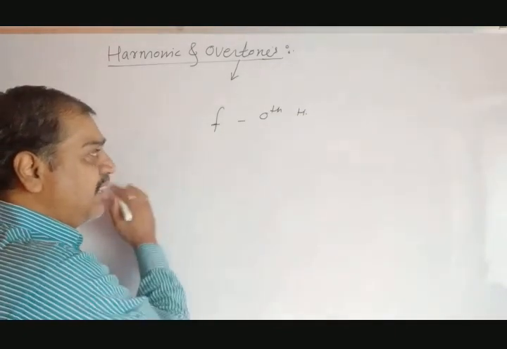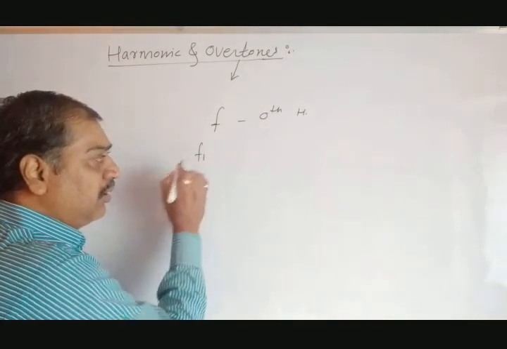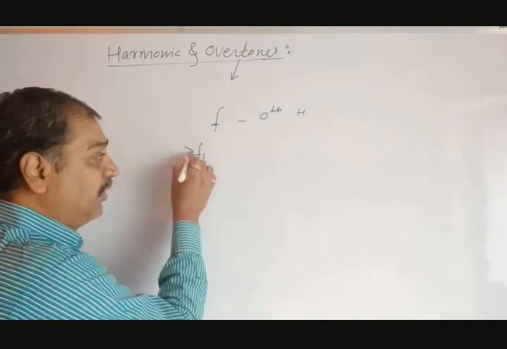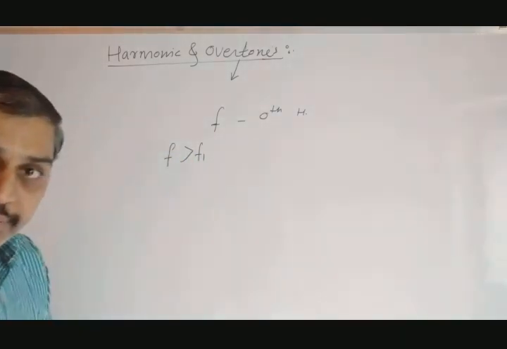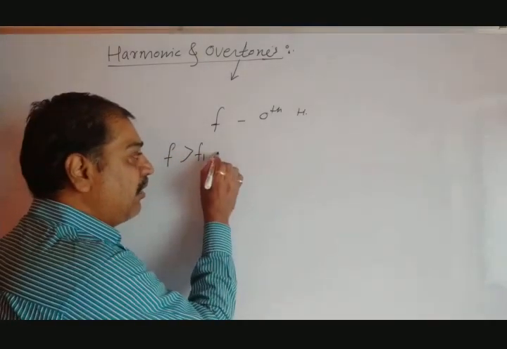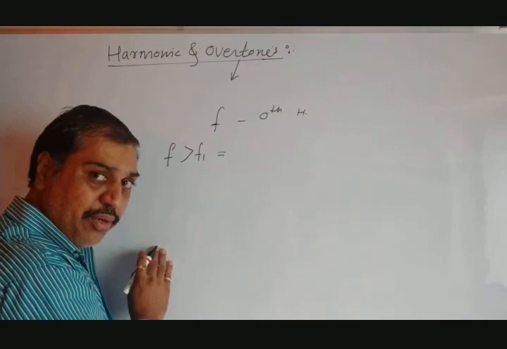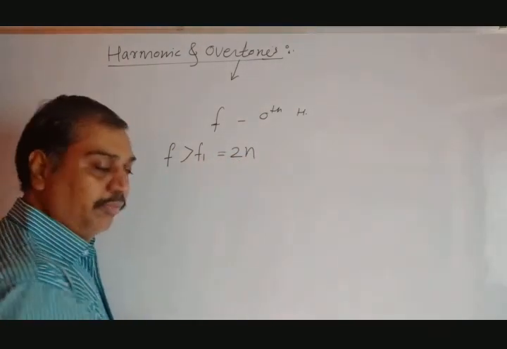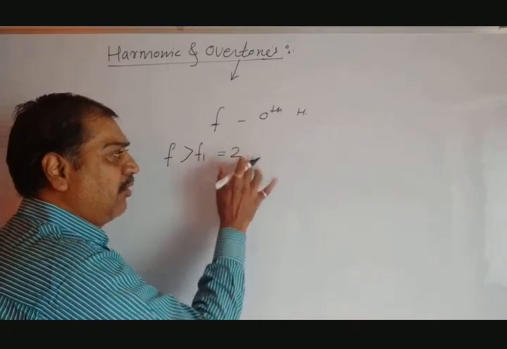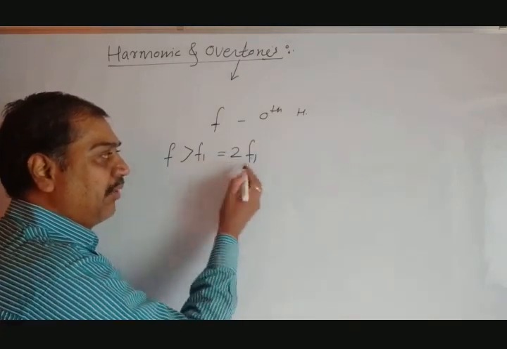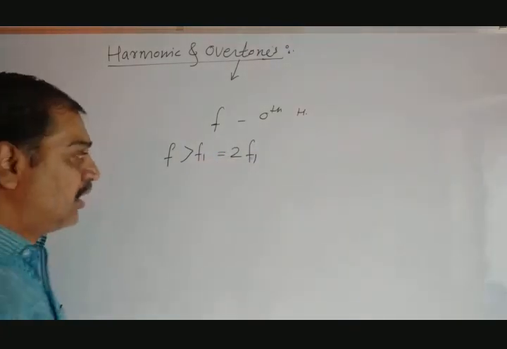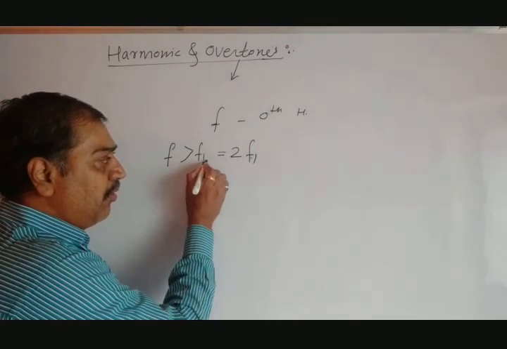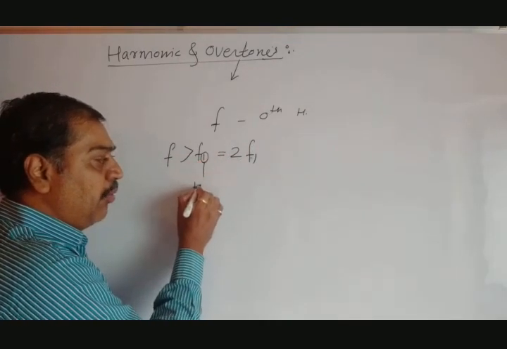Then let's see, F1 is the first higher frequency than the fundamental frequency, and suppose F1 equals twice F. First higher frequency, twice F. Then this is said to be the first harmonic.